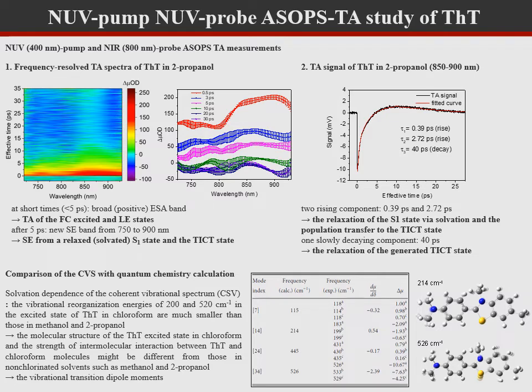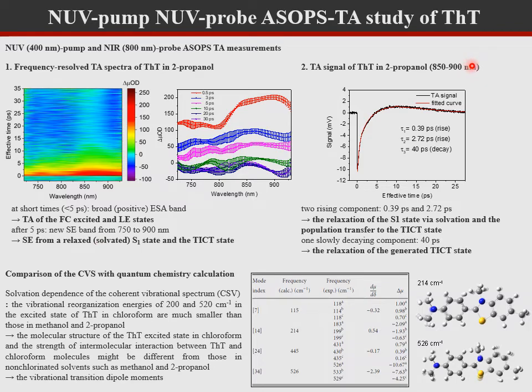After 5 picoseconds, a broad stimulated emission band from 750 to 900 nanometers was observed. These results suggest that the spectrum at long delay times could be assigned to the stimulated emission from a relaxed S1 state and THT state.